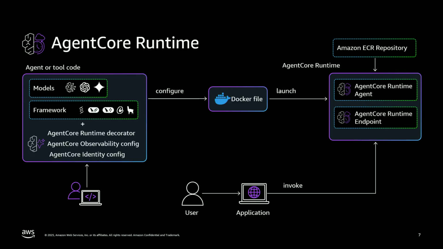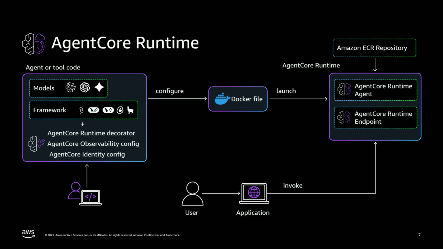You can call any models via API. You can develop it using any framework, really. It's just a runtime environment. It provides session-level isolation using micro VMs, and it supports any model or any SDK. So this is what we are going to deploy today.